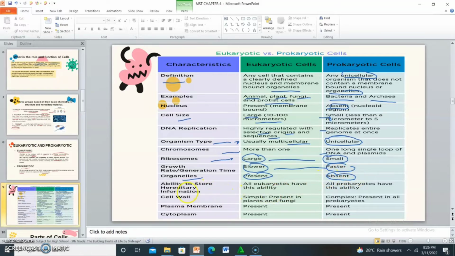In the ability to store hereditary information, all eukaryotes have this ability, and prokaryotes are similar. The cell wall is simple and present in plants and fungi in eukaryotes, and complex and present in all prokaryotes. What they have in common is the plasma membrane and cytoplasm, which are both present.